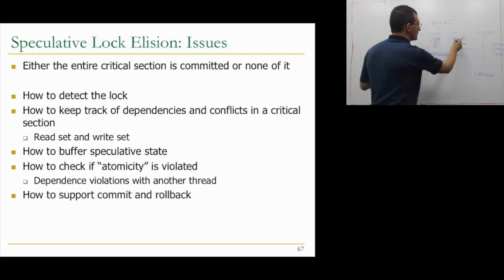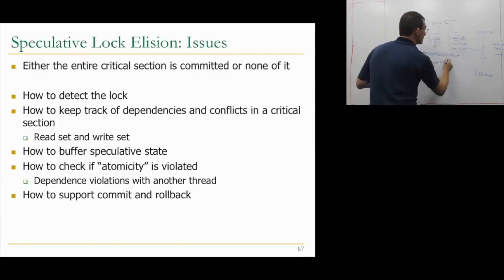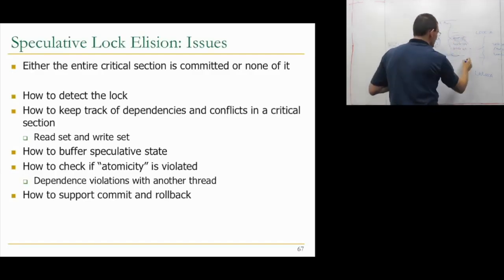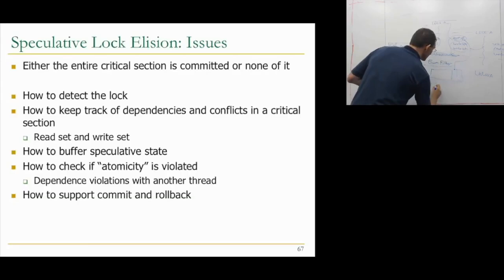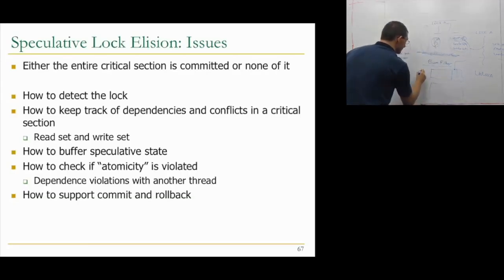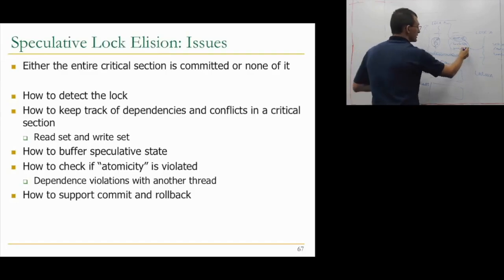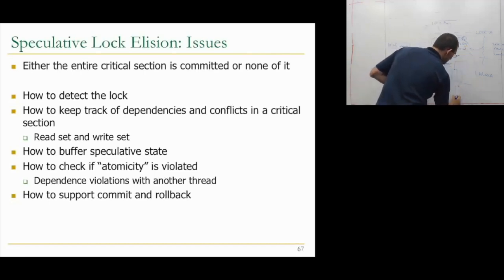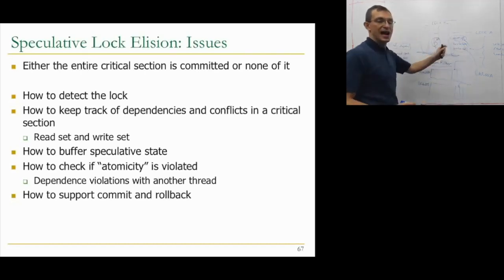Why? Basically, you can have a Bloom filter for the read set. Whenever you read an address, you set a bit corresponding to that address, and that bit vector can be small. Whenever you write to an address, you have another Bloom filter. This is the read Bloom filter, and this is the write Bloom filter. Whenever the critical section writes to an address, it sets the bit corresponding to that address.